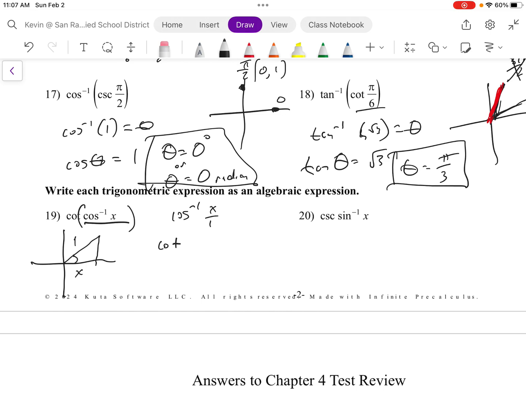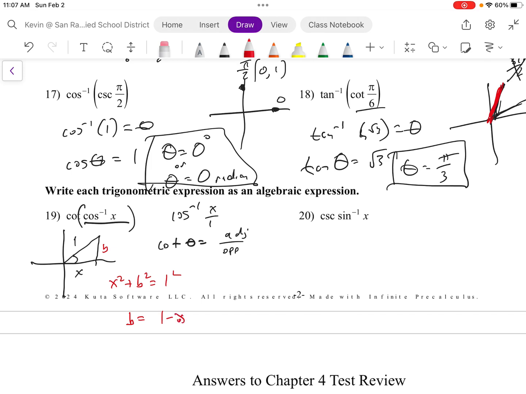We drew that angle, and we want to find cotangent of theta now. Cotangent is adjacent over opposite, right? So we need to find our opposite.